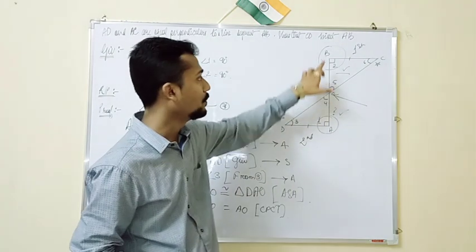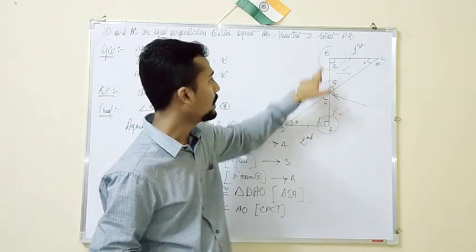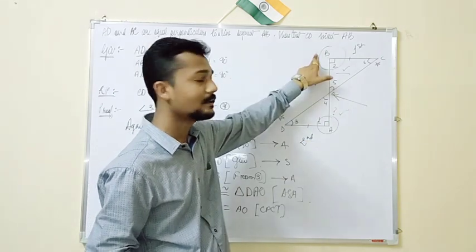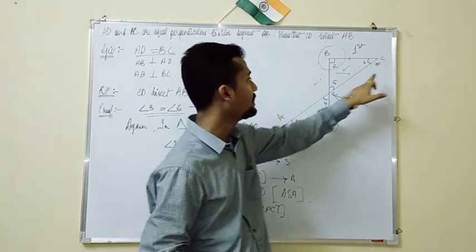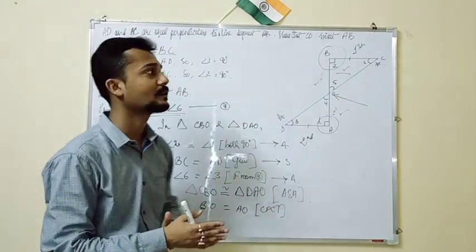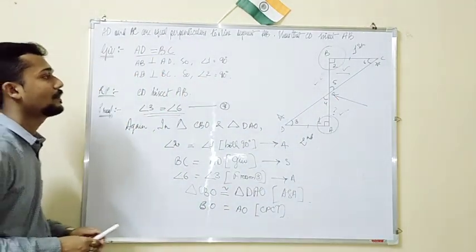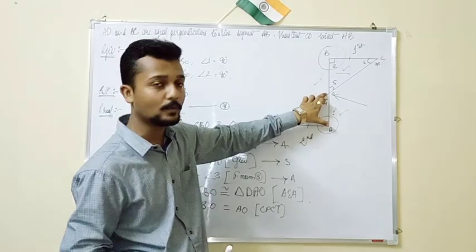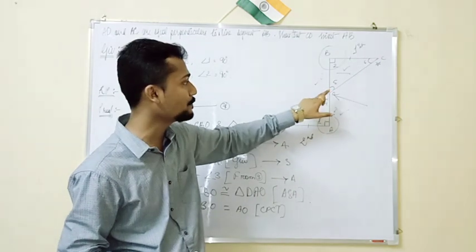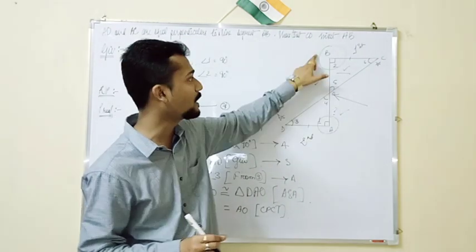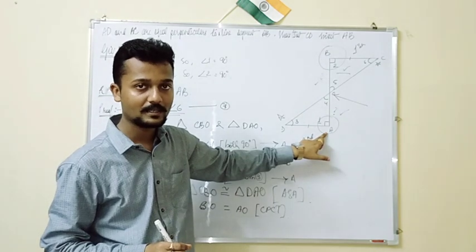That the whole line AB is bisected by the line DC. Yes or no? That means if these two are equally divided at point O, that means BO and AO both are equal, then point O is the midpoint of the line segment AB, isn't it?